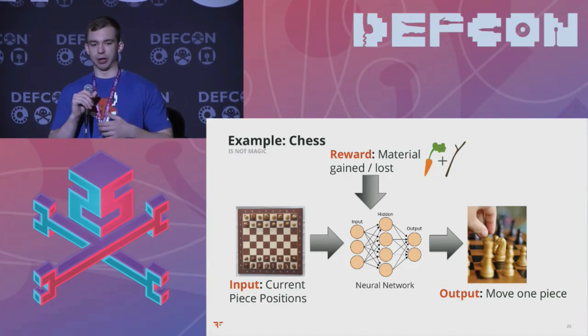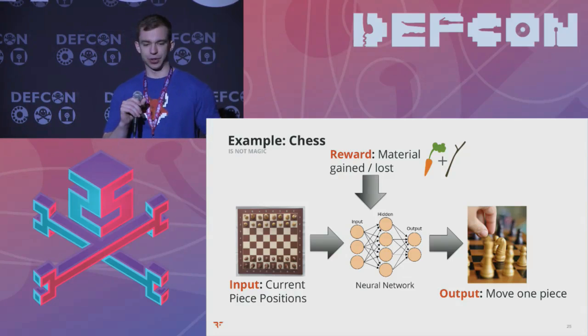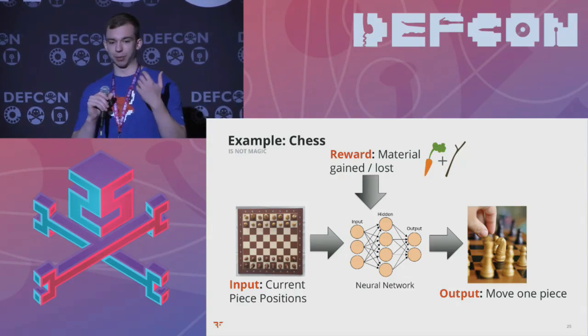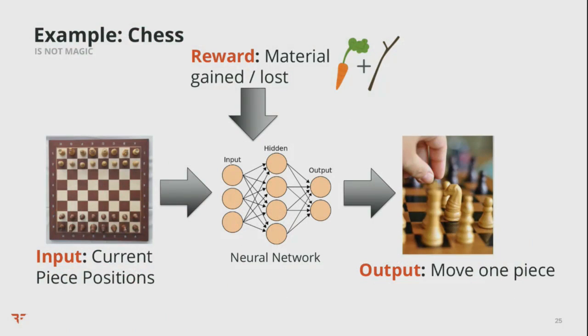If you take a piece, you're going to be gaining some reward. You're going to get that carrot, right? The reward is your carrot or stick. So if you capture a piece, you're going to get some reward, and if you lose a piece, you're going to get a negative reward. And if you move without actually taking a piece, it might be just a slight negative reward because you didn't really accomplish anything, but you also didn't lose anything too great either, just some time.